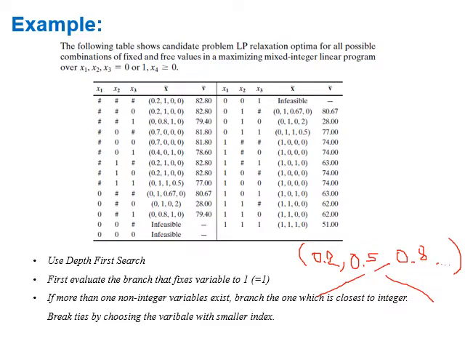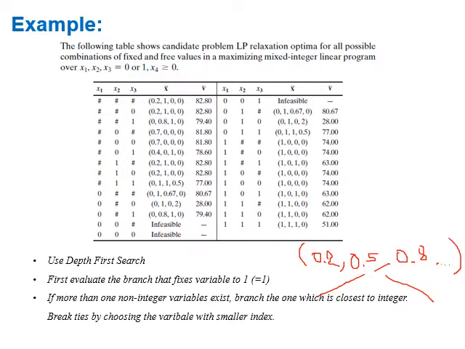So 0 and 1 are the integer values, and we need to look at the difference between these values and the closest integer. The distance of x2 to the closest integer is 0.5. What about 0.8? It is closer to 1, right? And the distance of this x3 to the closest integer is 0.2.